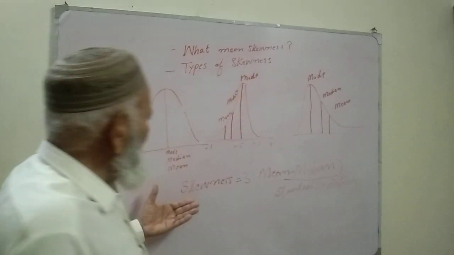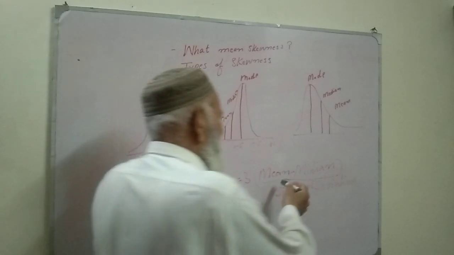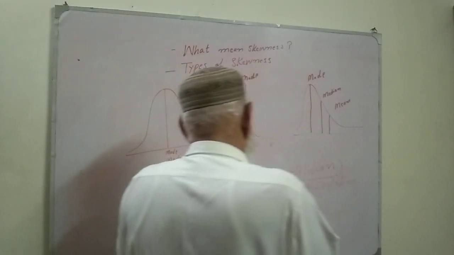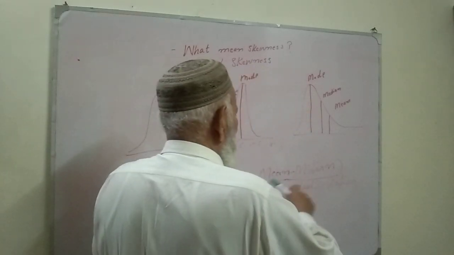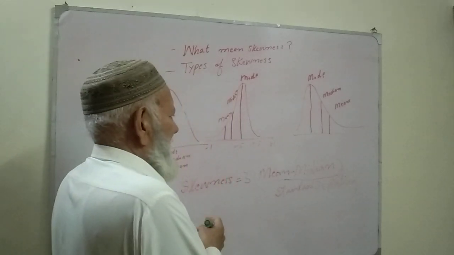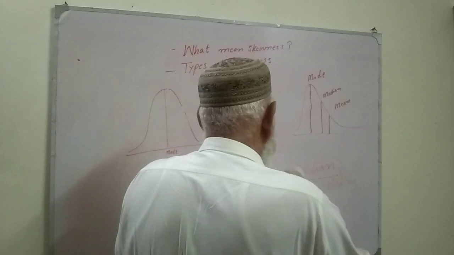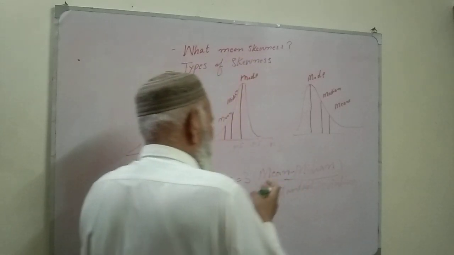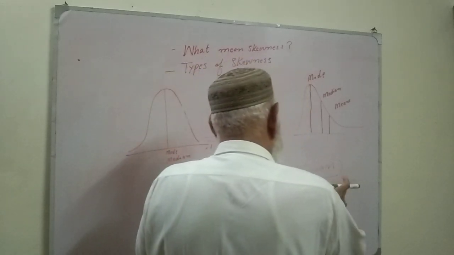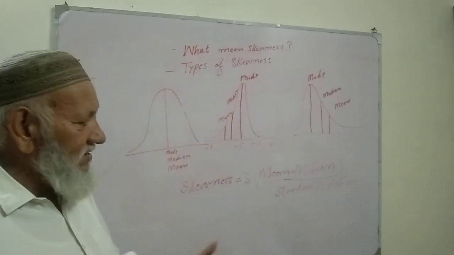So now we go to how to calculate the skewness. There is a formula: 3 multiplied by the difference of mean minus median, and then this figure is divided by the standard deviation. Already you have knowledge of what standard deviation is.